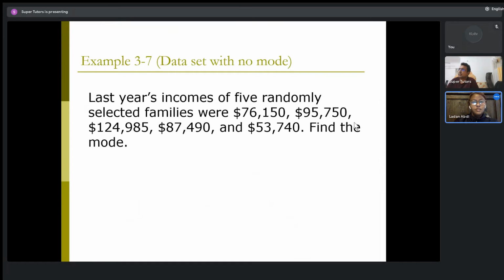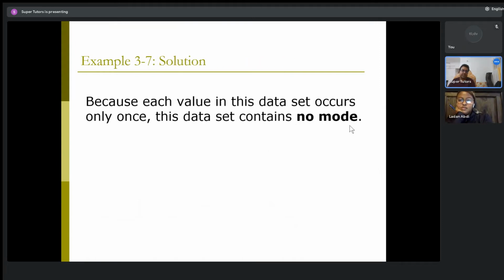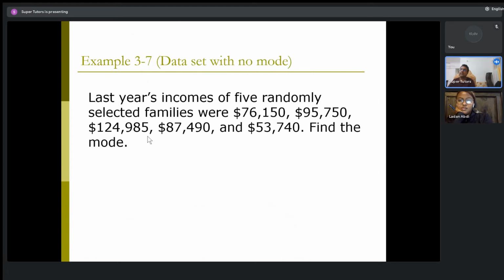So, can you find the mode here? I don't see one. Absolutely perfect. There is no mode, as you rightly mentioned, because all the values are unique.